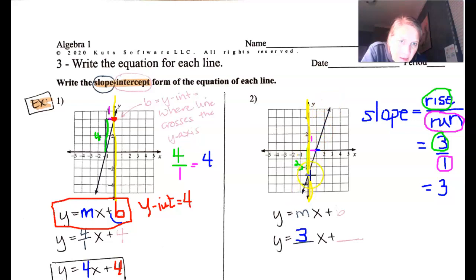Well, it's right there, and it's at -1, 2, 3. So that's a -3. So that is my equation for that one. Hopefully that makes sense. And if you need to watch this again to understand how it goes, you are more than welcome to do that.